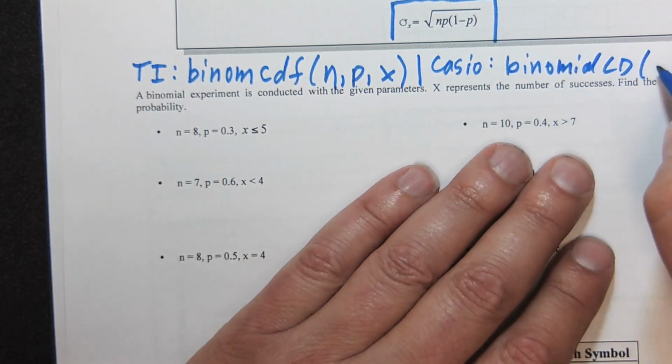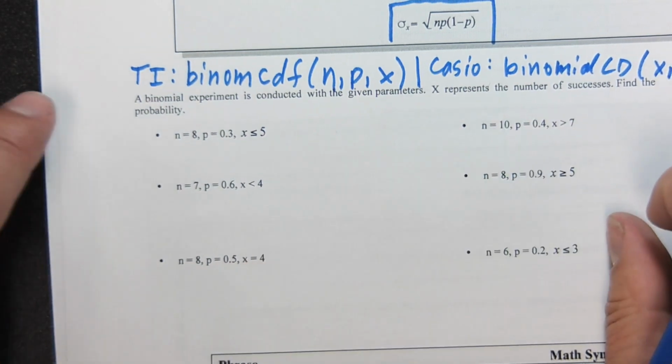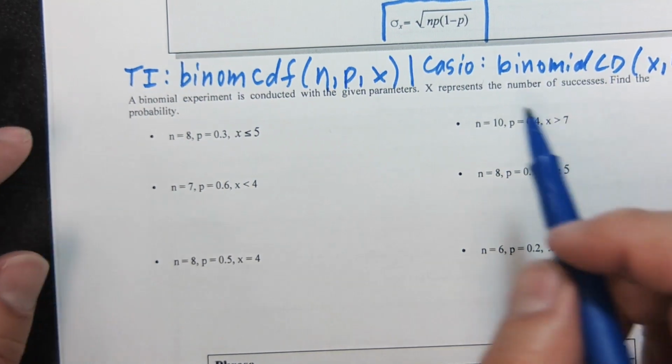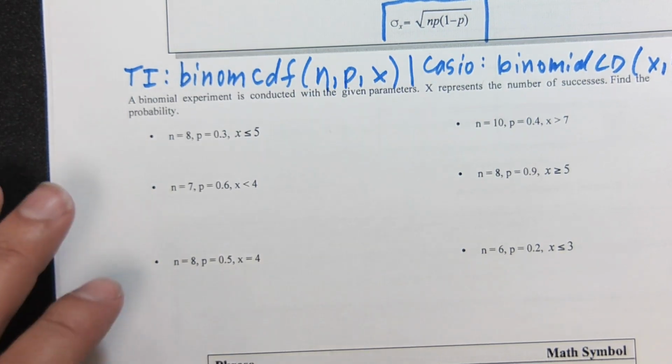And that is going to be a different order. That is going to be X less than as well, comma N, comma P. I'm going to use only TI since most people have a TI, but there it is for Casio if need be. Once again, only less than is going to work. Otherwise, we'll have to kind of fake it.